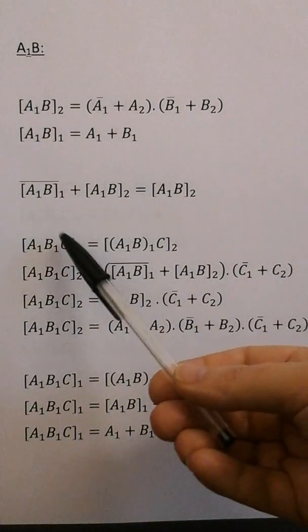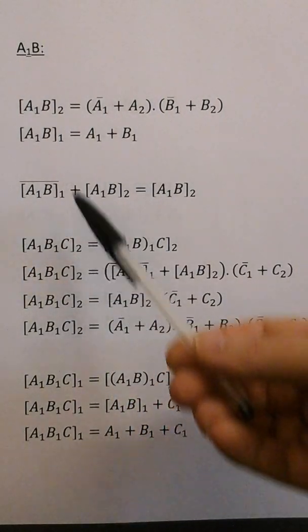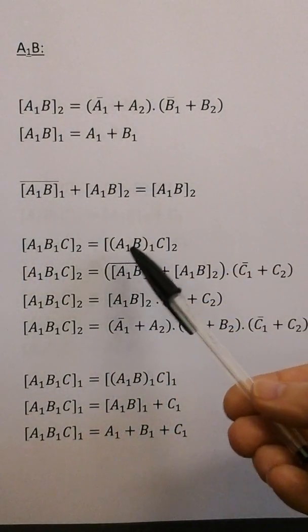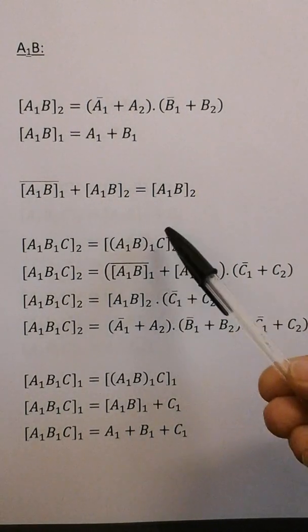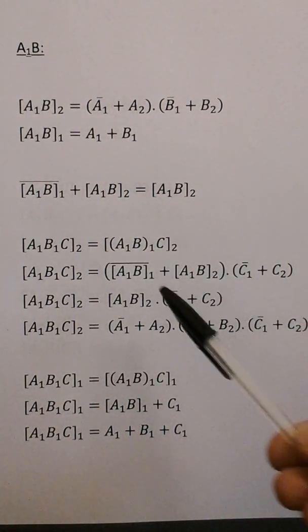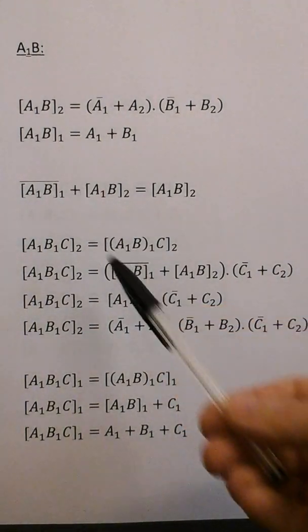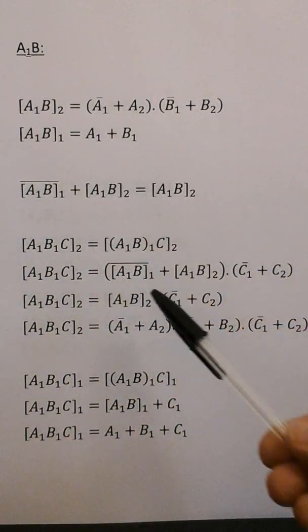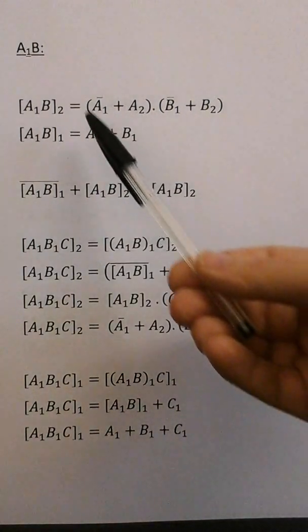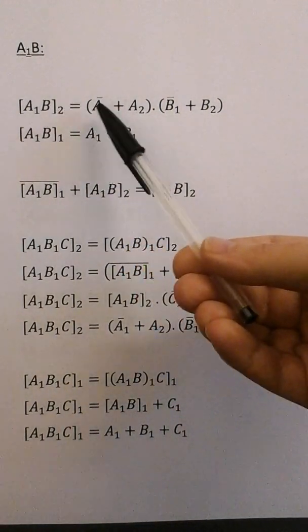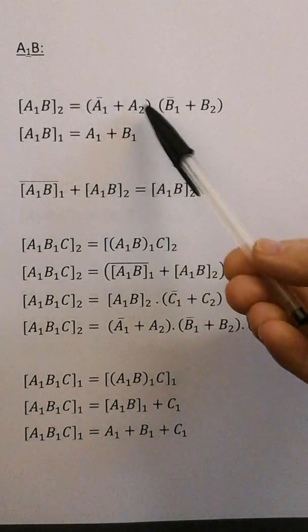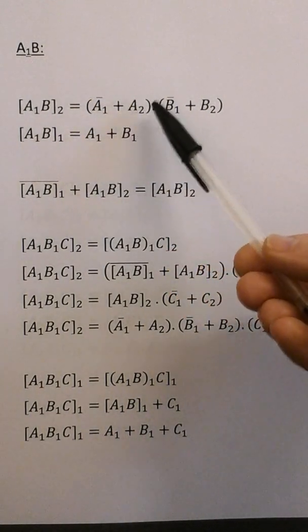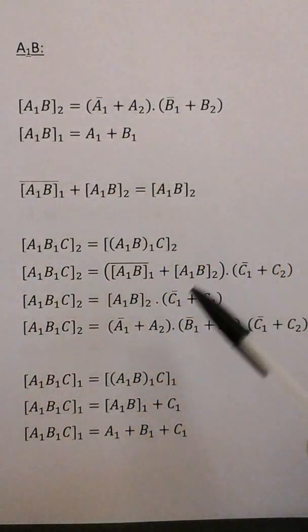So again, A1B1C2 equals A1B in brackets 1C2. I'm treating this as one variable and this as one variable. So here we have A1B2 equals A1 or A2 and B1 or B2.